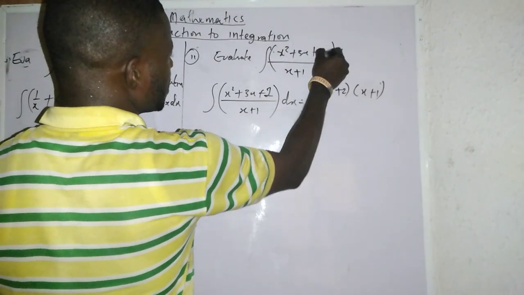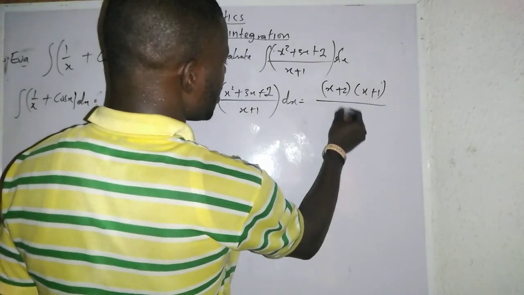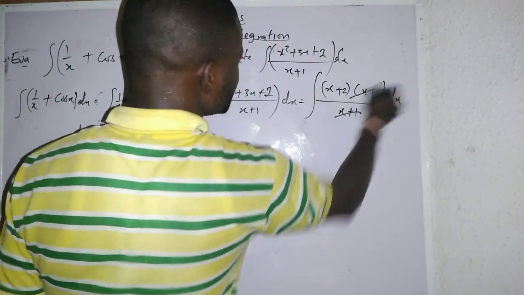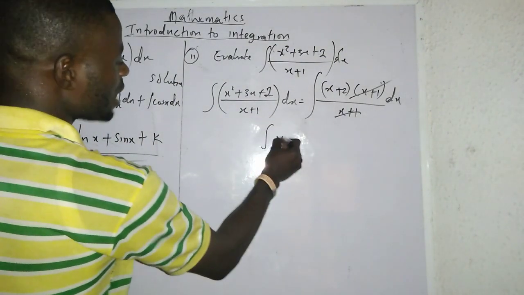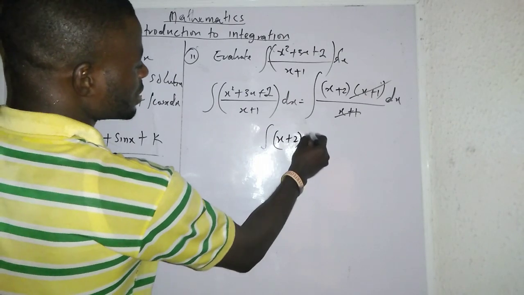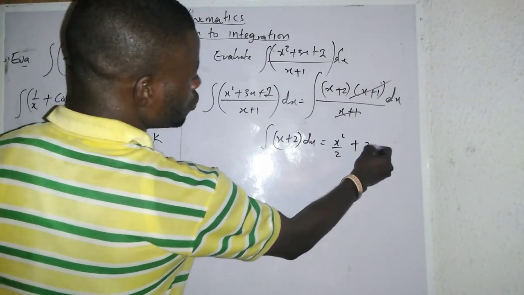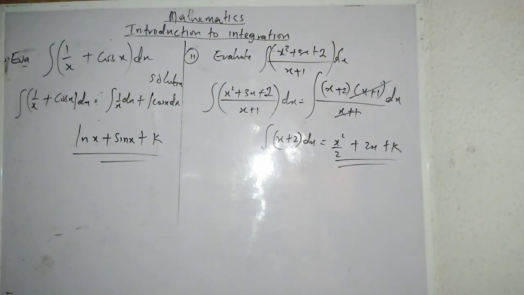Let me not complicate the issue. Okay, I factorized successfully. Now, divided by x plus 1, all integral with respect to x. This will cancel this. Very successful. Now, I have the integral of x plus 2 dx, which gives x squared over 2 plus 2x plus k. That is my final answer.